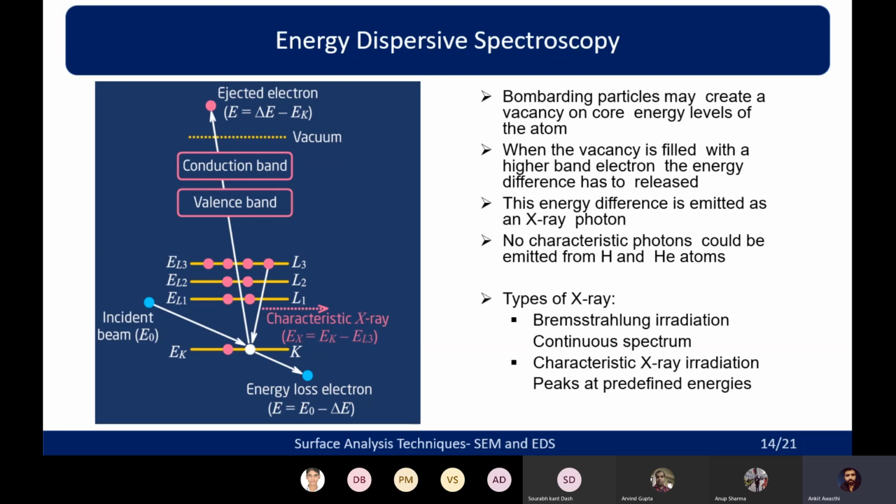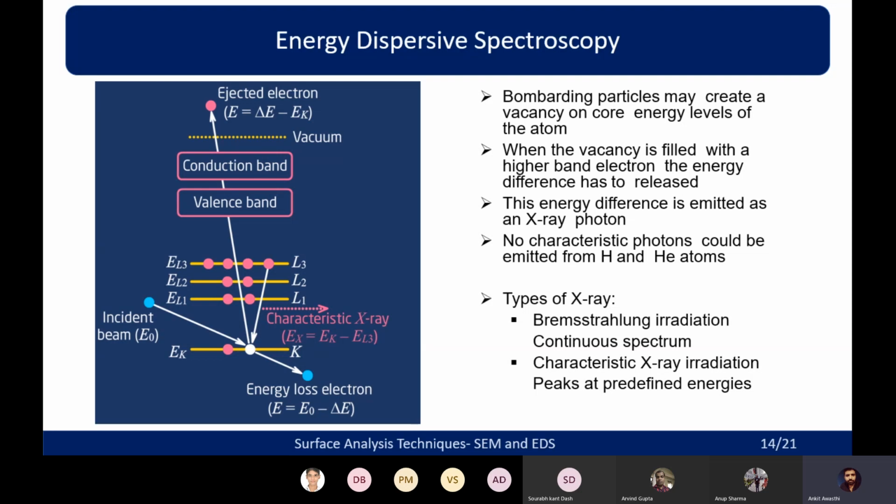These are two types of X-rays we generally get. The first one is Bremsstrahlung radiation, and the other one is characteristic X-ray radiation. The first one is generally a continuous spectrum. It is always present whenever there is bombardment of an ion or electron on any atom; we get this continuous spectrum of X-rays.